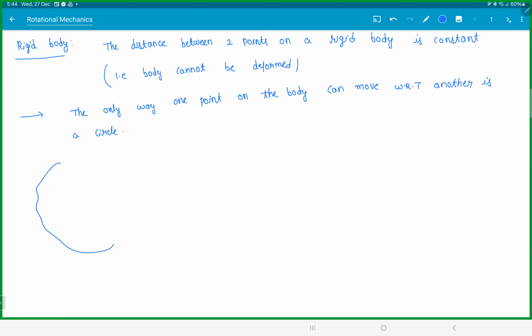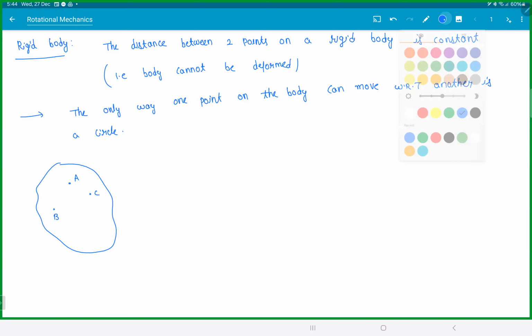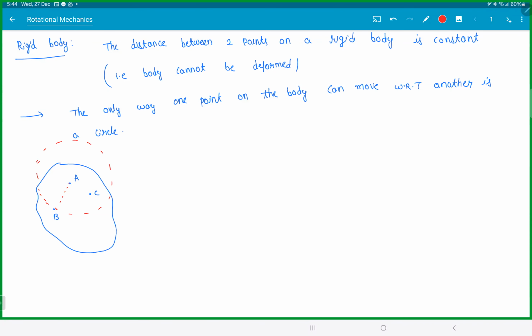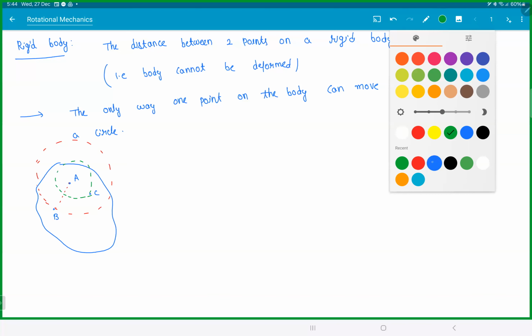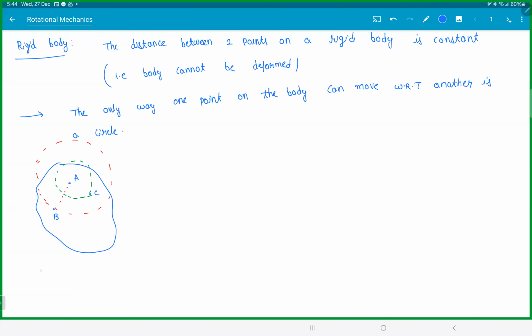So if you give me a rigid body here, and you say this is point A, this is point B, and this is point C. If you ask A how B is going, A will say B is going in this circle, and C is going in this circle. So A thinks B and C are going in circles.